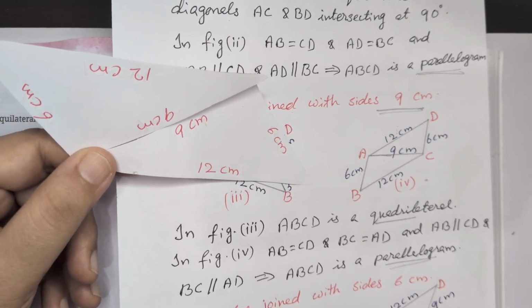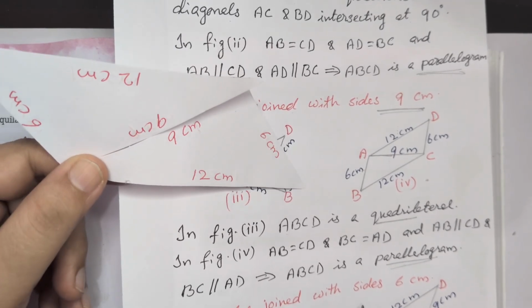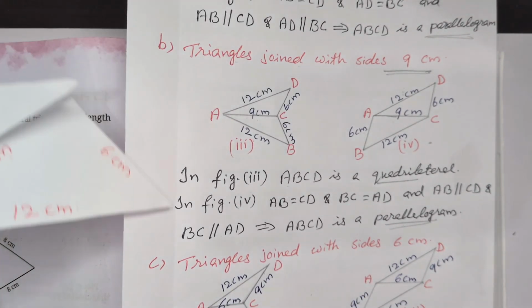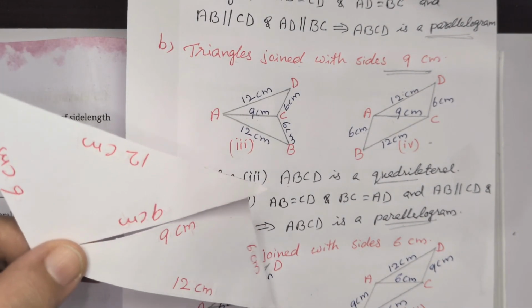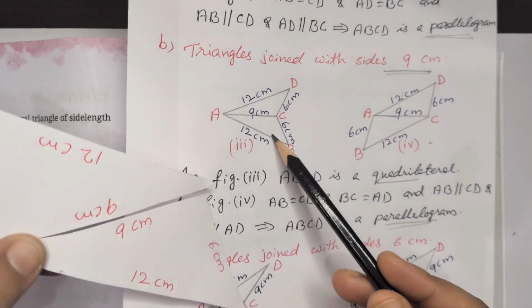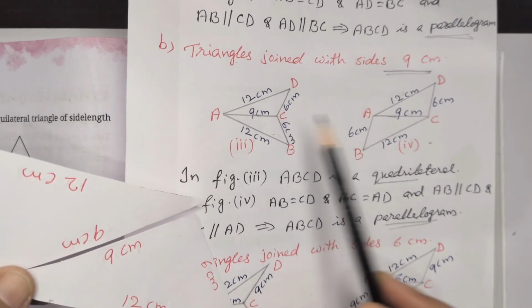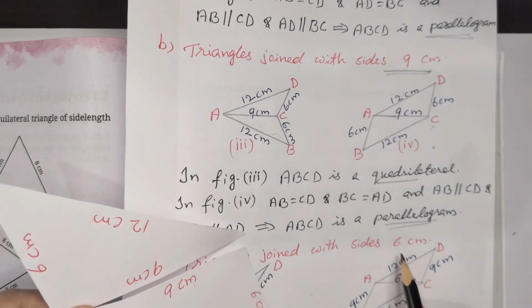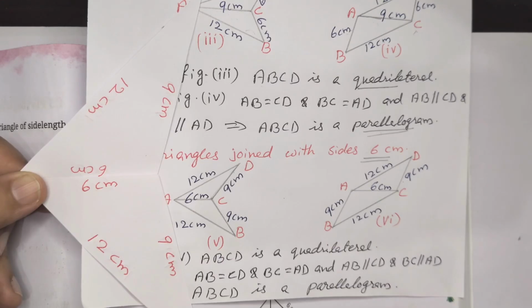Now the third part, again the triangles joined with the side 6 centimeter. So in each case the picture will come in a different way. Here this is 9 centimeter when we joined, and next we are going to move with the 6 centimeter.